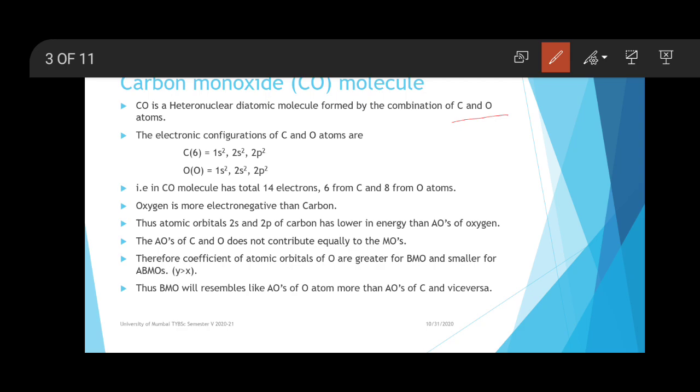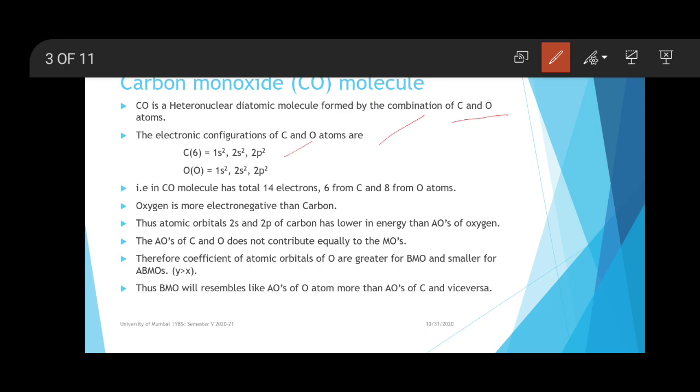Let me see first what the electronic configuration of carbon and oxygen atoms is. As we know, carbon has atomic number 6, and therefore there are 6 electrons, distributed in the atomic orbitals: 2 electrons in the first orbital, that is 1s, 2 electrons in 2s and 2 electrons in 2p.